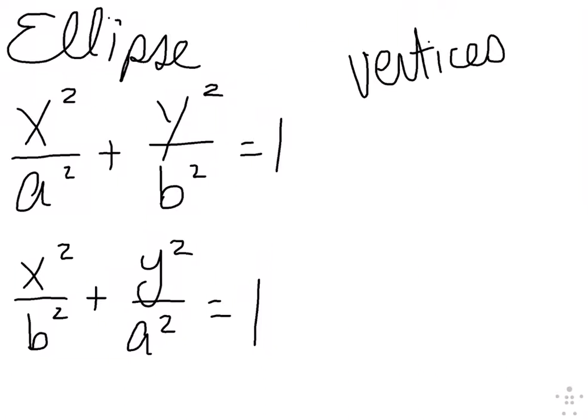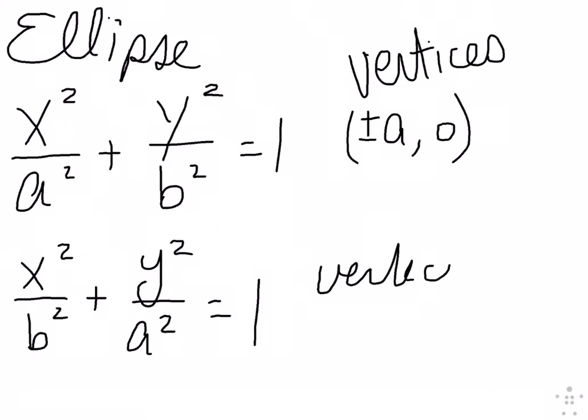So on the top one, for instance, the a is underneath the x, right? So this would be plus or minus a, 0. For the bottom one, the vertices will end up being 0 and plus or minus a.